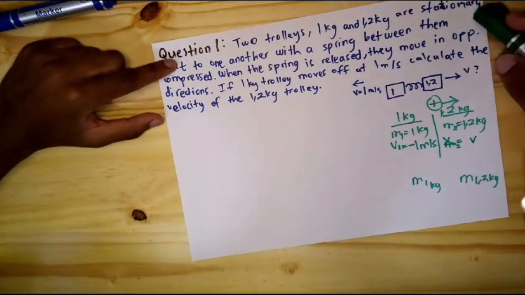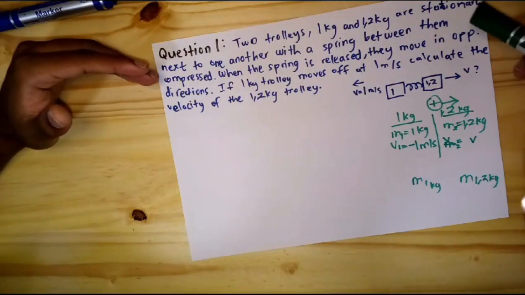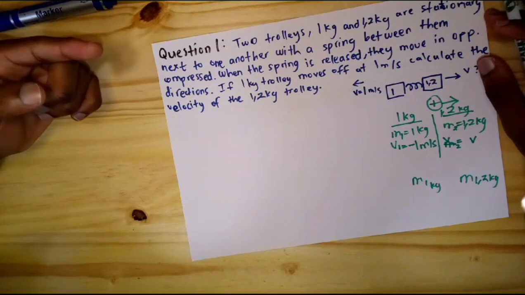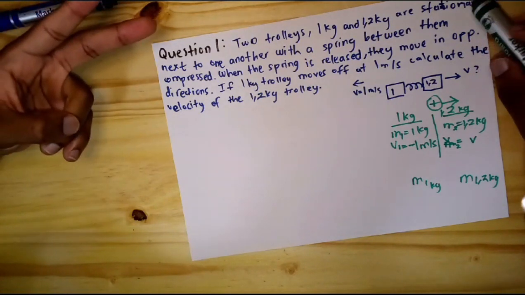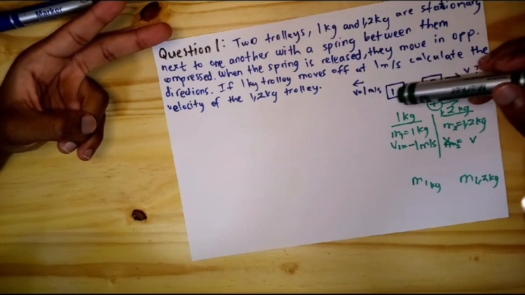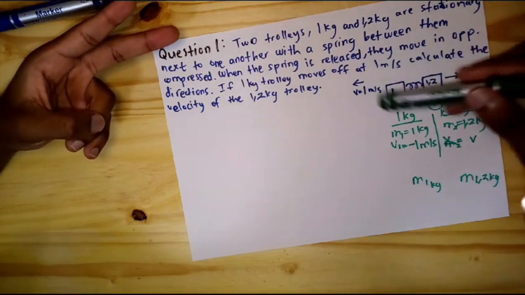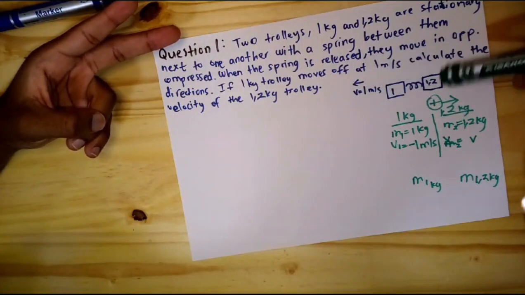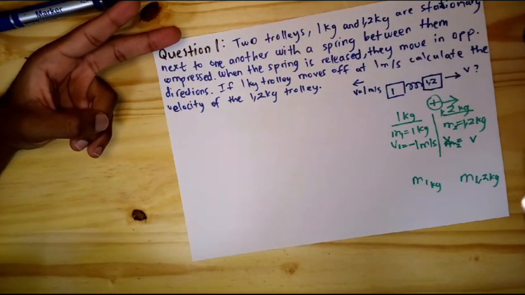Looking forward, what type of approach should you be using here? We talked about the mass, and we talked about the fact that you have an isolated system. How is it an isolated system? Because you only have these two objects exerting forces on one another, and there's no external force from any other point.